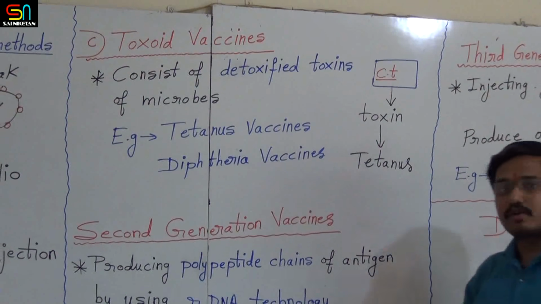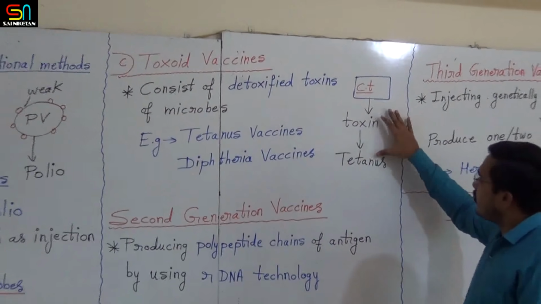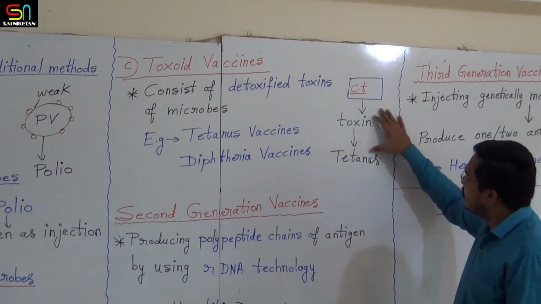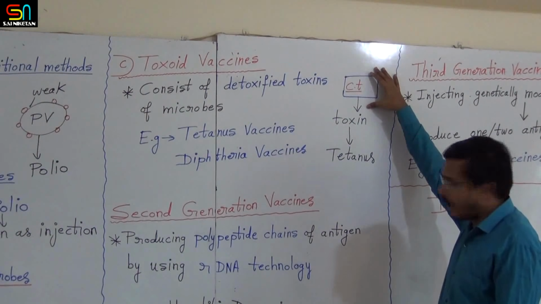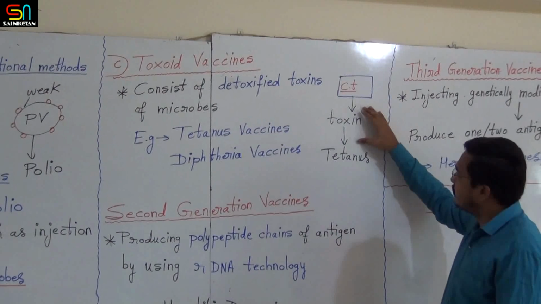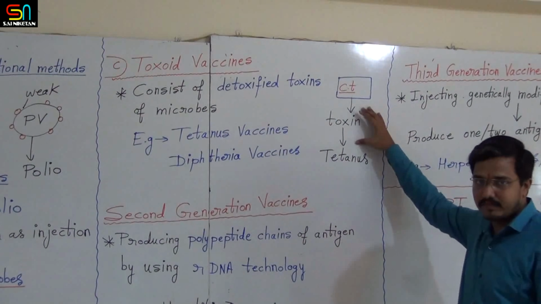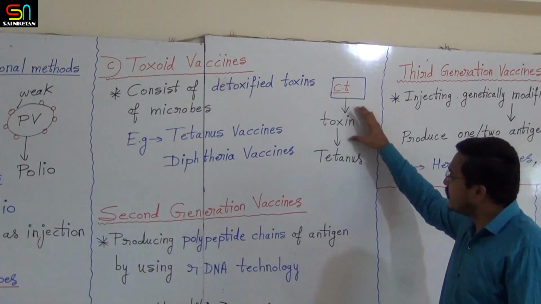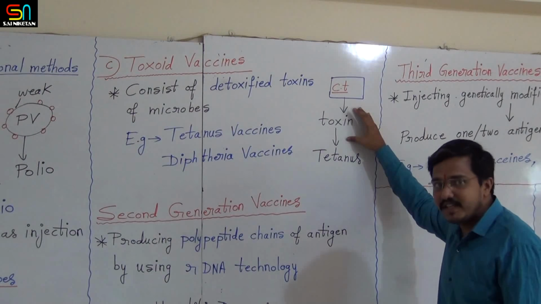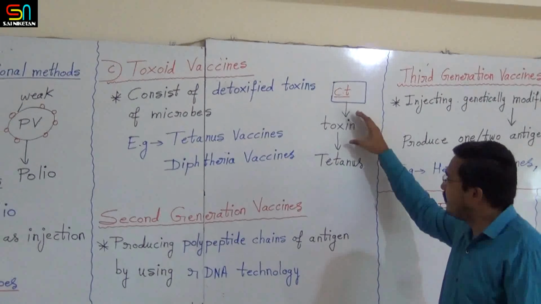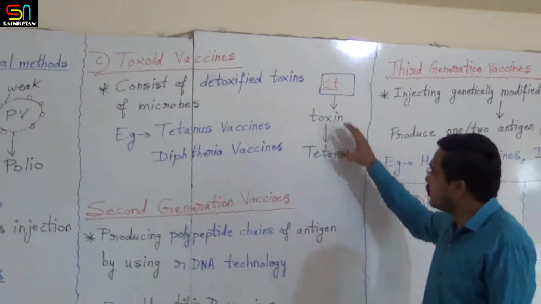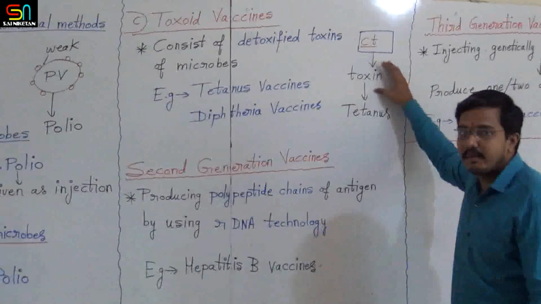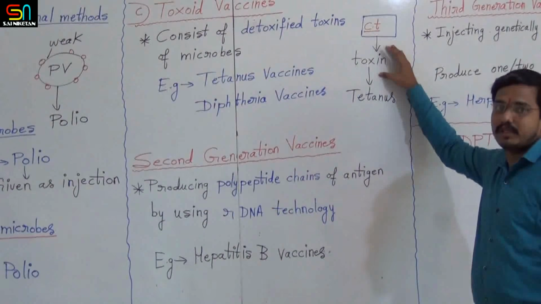Now scientists thought, in order to give a vaccine for this disease, why should we give the complete bacteria? It is better to give the toxins. But if they give this toxin as it is in active form, definitely that toxin is going to cause tetanus. Then they thought we should give inactivated toxins.